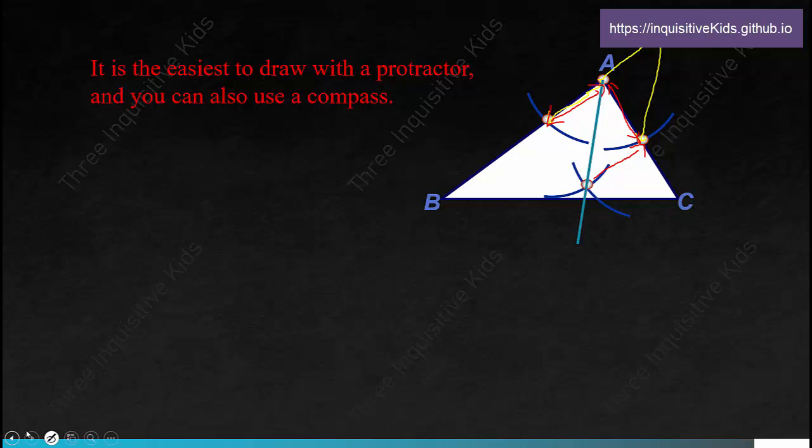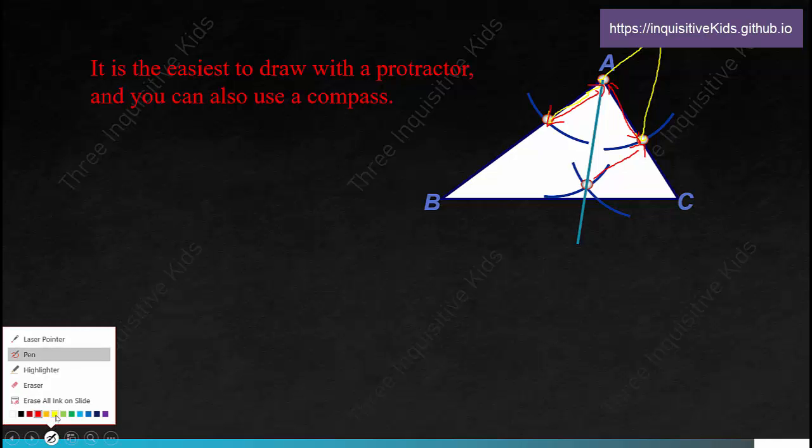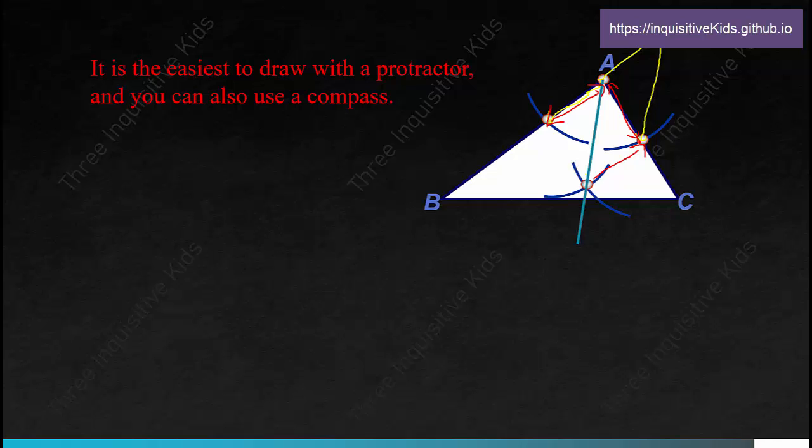Then from there, you take another random length, you set it, and from this point to here, you make this arc, then you take another one here. But remember, these two have to be the same radius. Then you make another arc. And remember, these radii have to be long enough so that those two arcs can intersect. Then that point, you connect it with A.